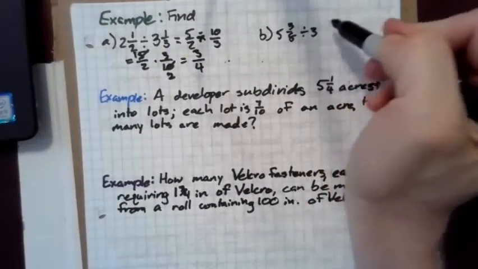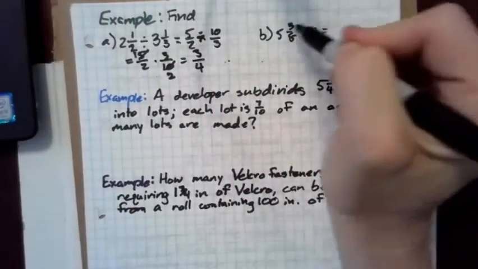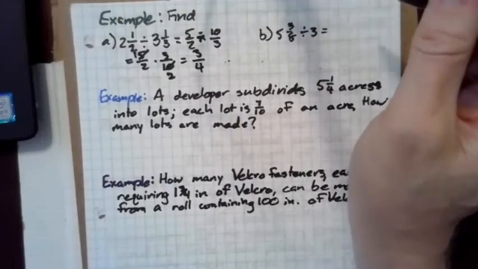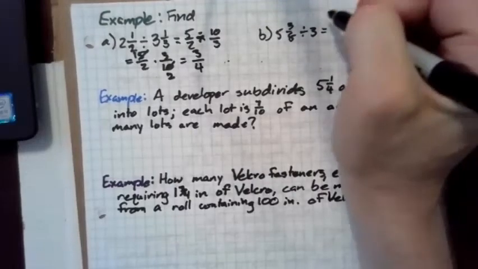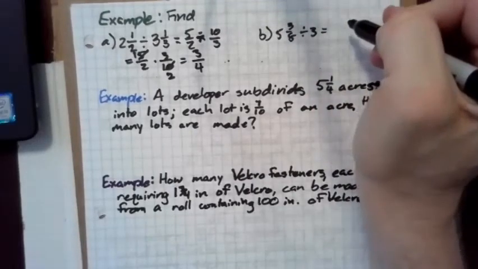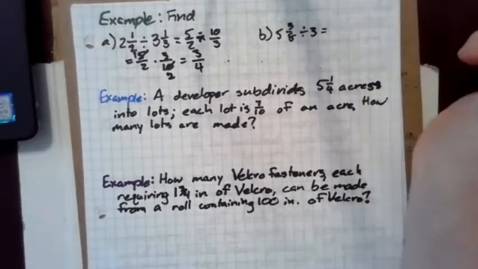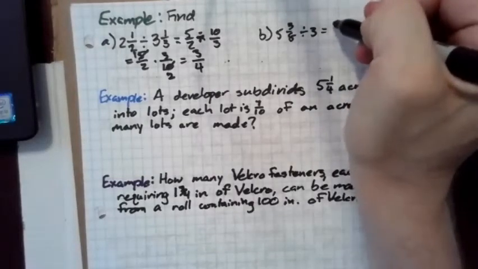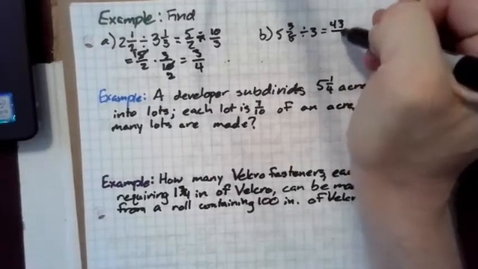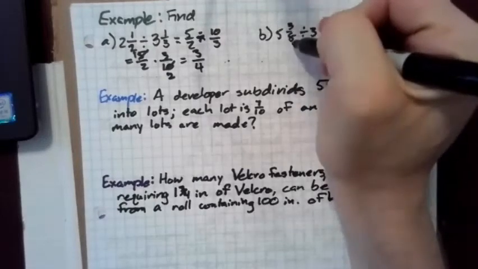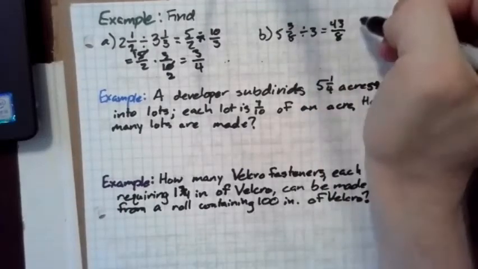5 3/8 divided by 3. First, we'll change 5 3/8 into 43/8. We've just multiplied 5 by 8 to get 40 and then added the 3.